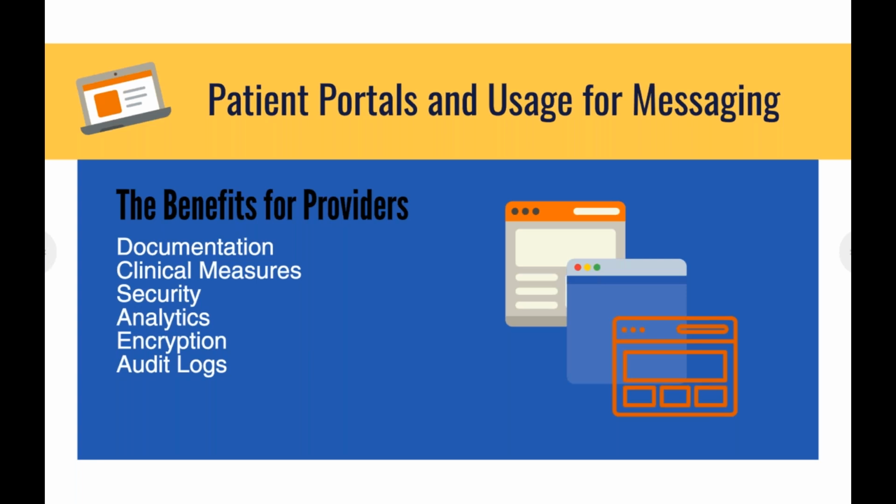Of course, encryption and audit logs. We've talked about encryption quite a bit, but the audit logs are important as well, because how do you know if you've had an improper disclosure if you're not tracking where your protected health information is and where it has been, right?